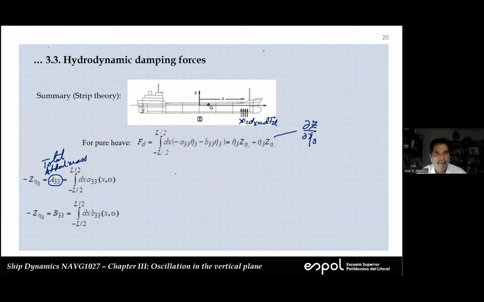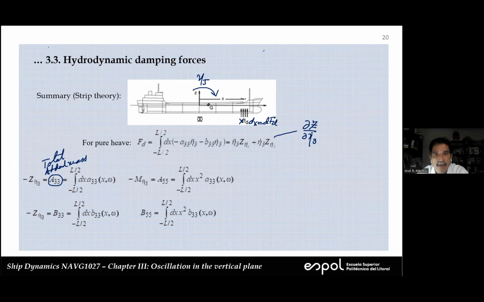But now we could do something similar for the pitch. In this case, we have to be careful because what we do is we give a unit rotation. So this is eta 5. This rotation is positive, right?